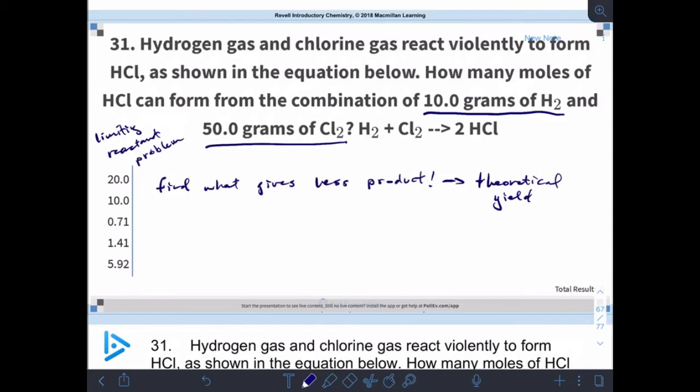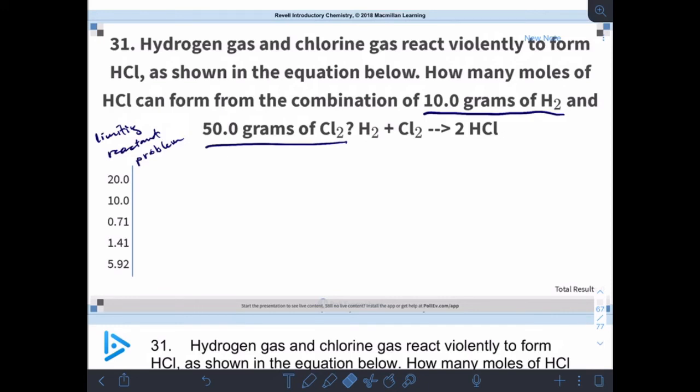And our theoretical yield is the maximum amount that we can make with the starting components. Right, so this time we're starting with grams. Okay, and we're asked for moles. So all we have to do is convert our grams of reactants into moles and then calculate moles. Okay, that's all we have to do in this problem.